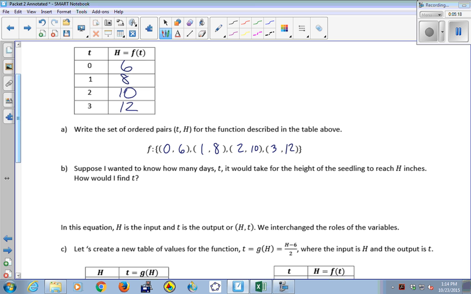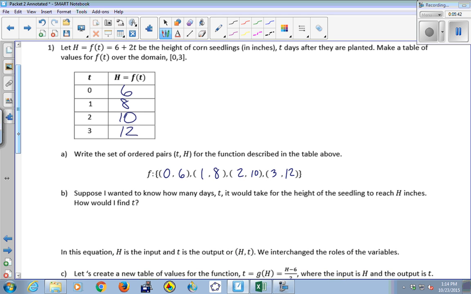Let's say instead of figuring out the height after t days, what I'd really like to know is how long t it will take for the height to reach a certain level h. How would I find it? Yeah, so inverse, opposite, solve for the other variable, right? So I'd start with the formula I have, h equals 6 plus 2t.